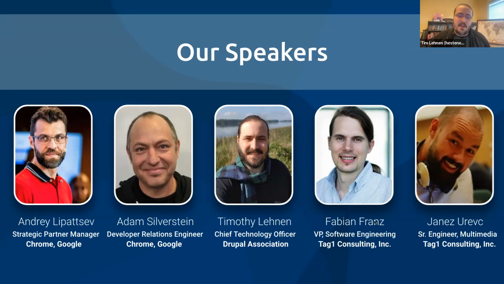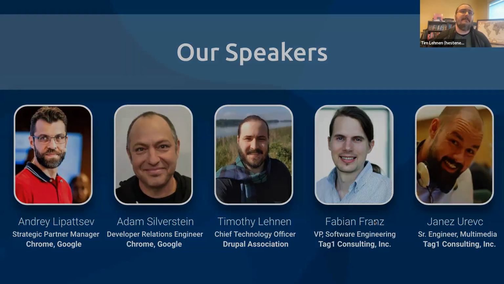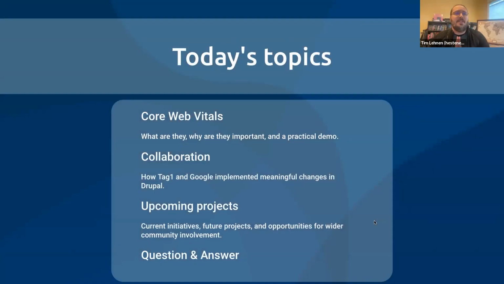And together we're going to talk about general ideas around end user experience performance. We're going to talk about prior collaborations and the history of the collaboration of our organizations together as partners, and some future ideas. So our topics today, we'll start with the Core Web Vitals themselves, what they are, why they're important, and a practical demo of what they mean and how they work.